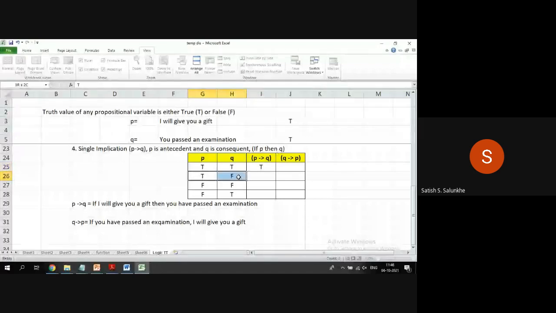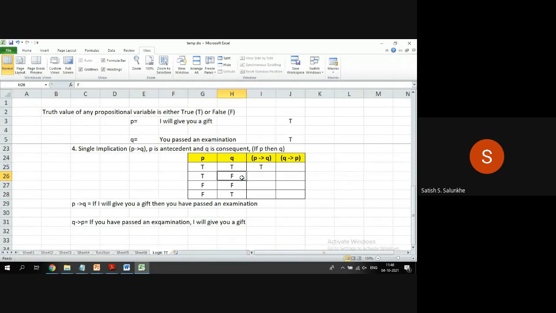So we'll see this here now. What is the truth value of P? I will give you a gift. What is P implies Q? If I give you a gift, it indicates you have passed an examination. This is the interpretation. And the truth value of you have passed the examination is false. What is the interpretation of this?